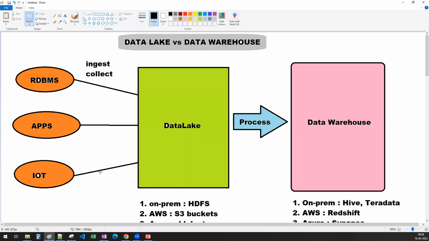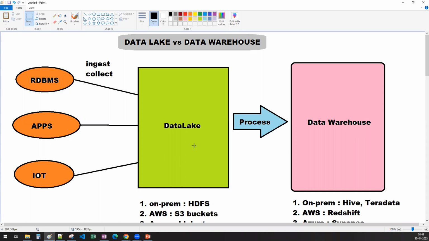When you talk about a data lake and data warehouse, the data comes from RDBMS solutions, or applications, or IoT. You ingest the data into the data lake, and after that, you do some processing on top of it and send the data to the data warehouse.